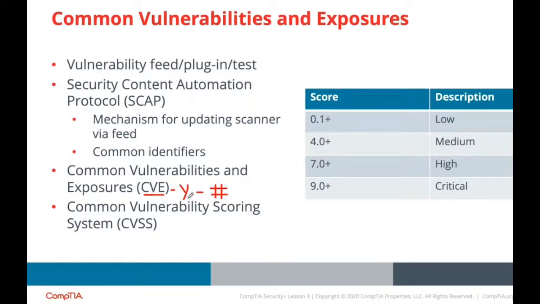Then the year the vulnerability was discovered, then a number of minimum 4 digits, though these days it is 5 digits also, indicating the order in which the vulnerability was discovered. When you click on that particular name, a brief description of the vulnerability will be there, a reference list of URLs that supply more information about the vulnerability, and the date the vulnerability entry was created.